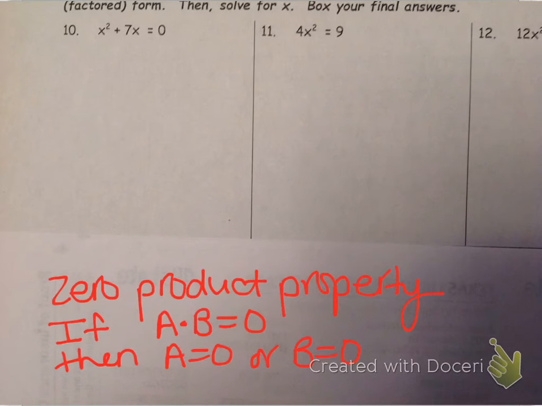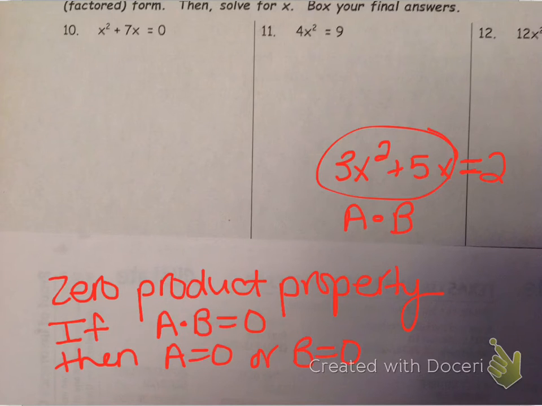So if I have an equation, like if you look at number 16 really quick, 3x squared plus 5x is equal to 2. Let's say you decide you're going to factor it just the way that it is, but it's still equal to 2. That won't work, because if you factor it and you get two factors, A times B, and it's equal to 2, that doesn't mean one of those actually has to be 2.